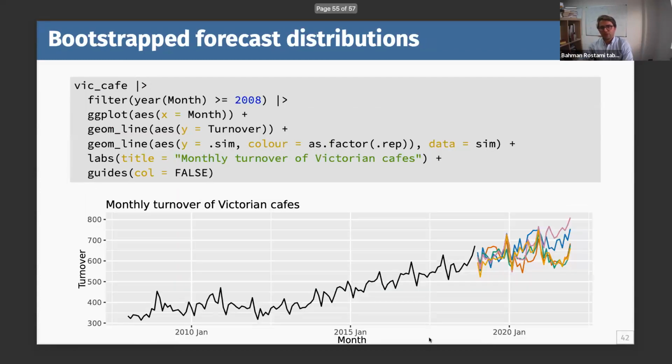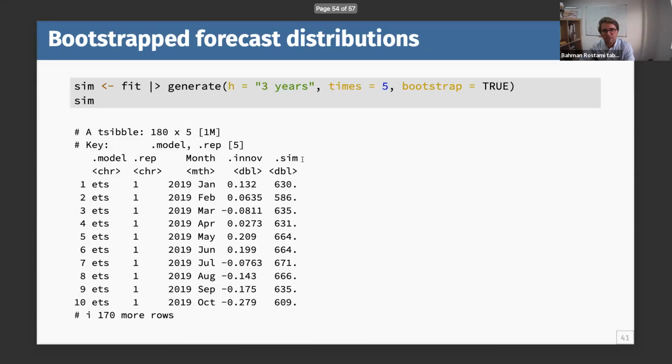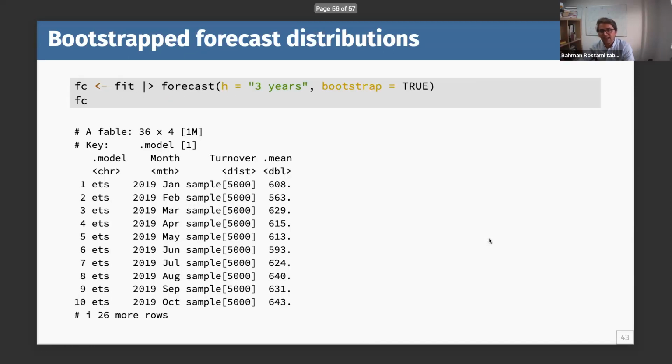I can show people how these different possible futures are created, because this is related to this .sim here. This is something that I use generate for, to create those possible futures that we were talking about in probabilistic forecasting. If you use forecast directly, it wouldn't actually show them like that.